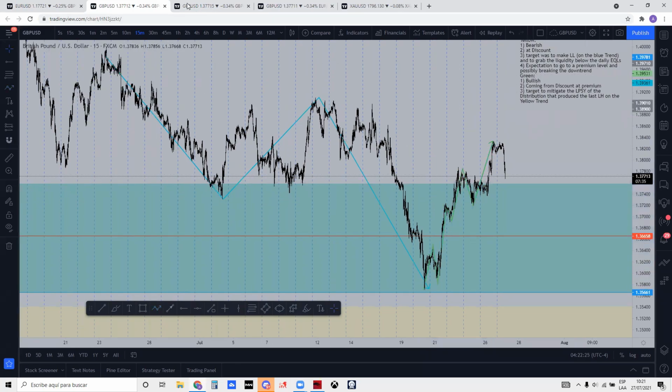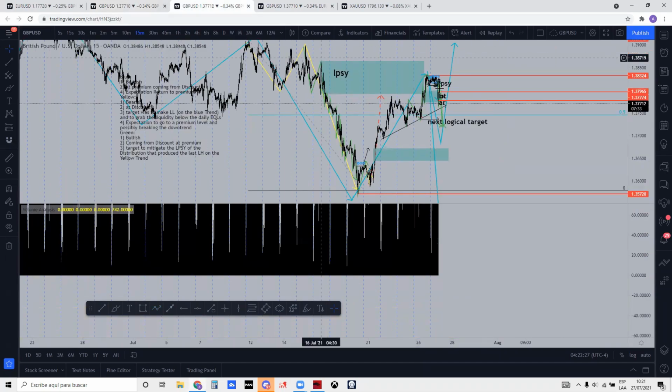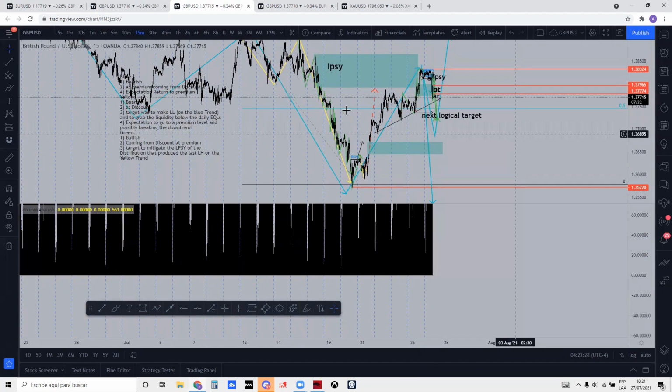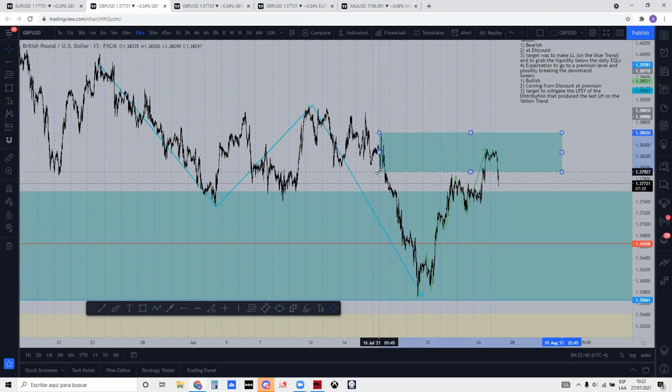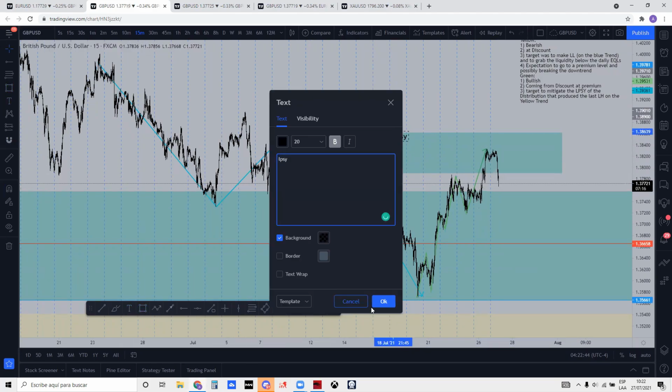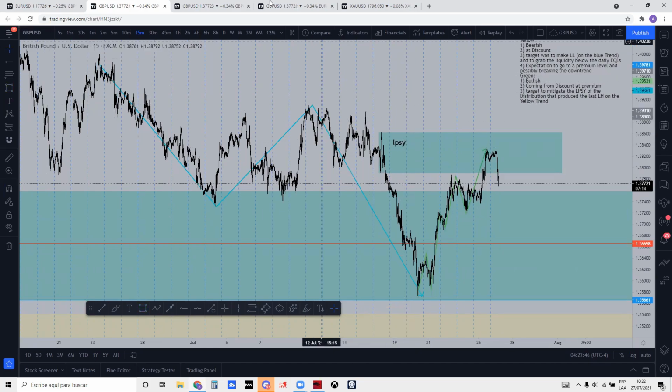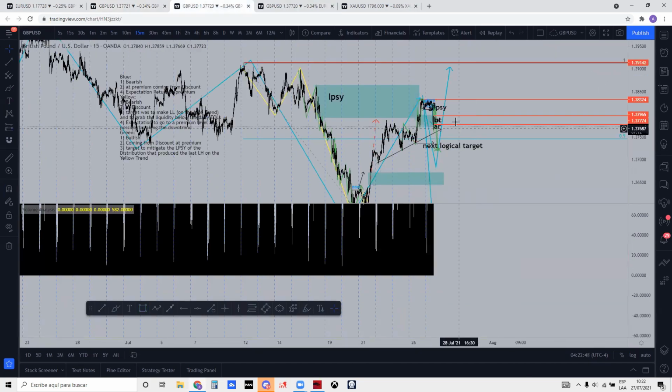And what else? That's the point of supply here. All of this, that's the point of supply. And what else do we have?